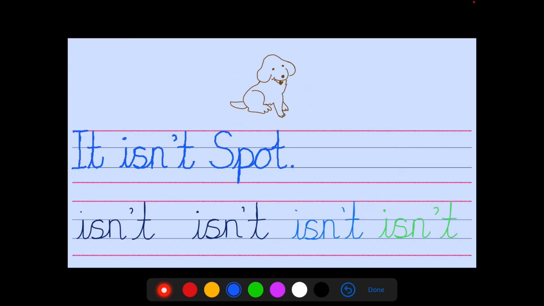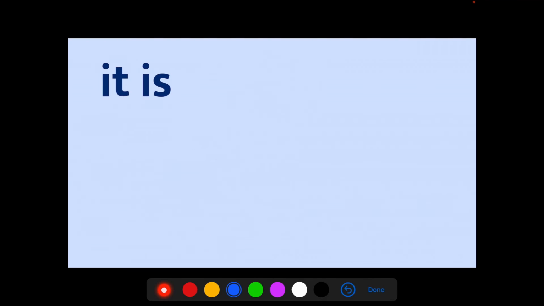Let's move on to our next sentence. Do you think we're going to find out the puppy's name? It looks like we are, but it's going to be the word it's. So we leave out that space, but we haven't put another letter next to it because that's where the apostrophe is going to go.